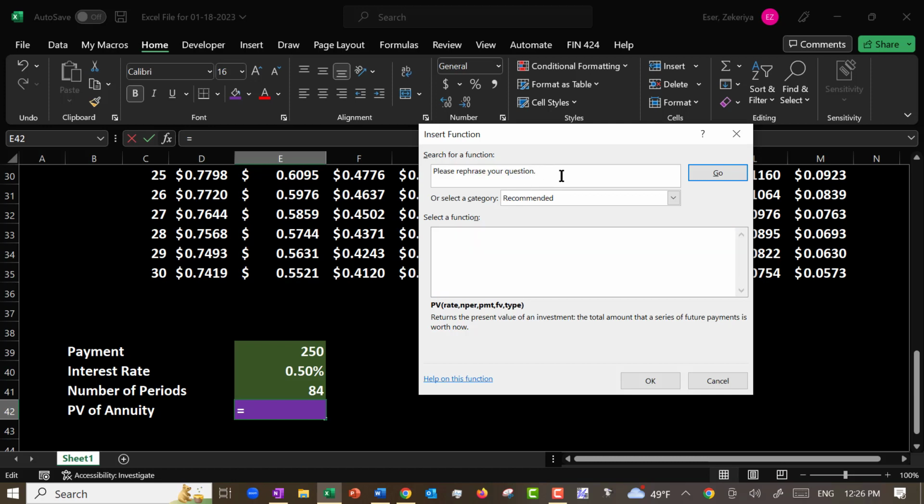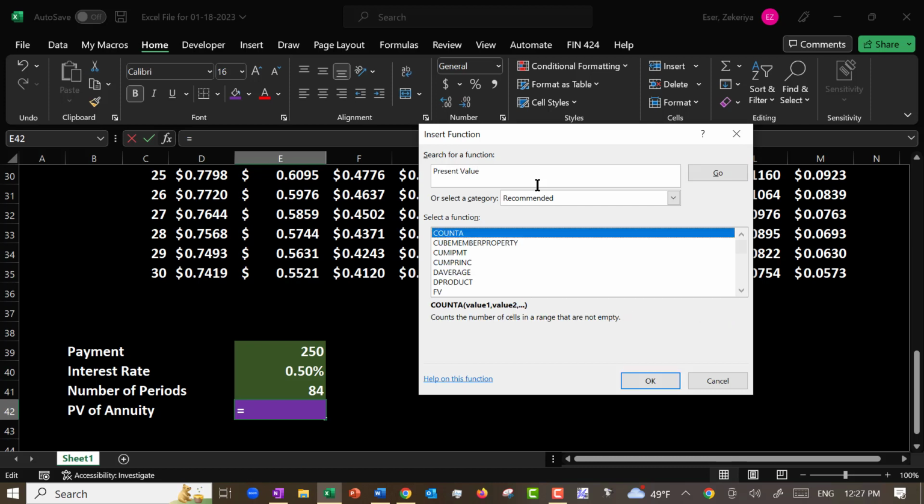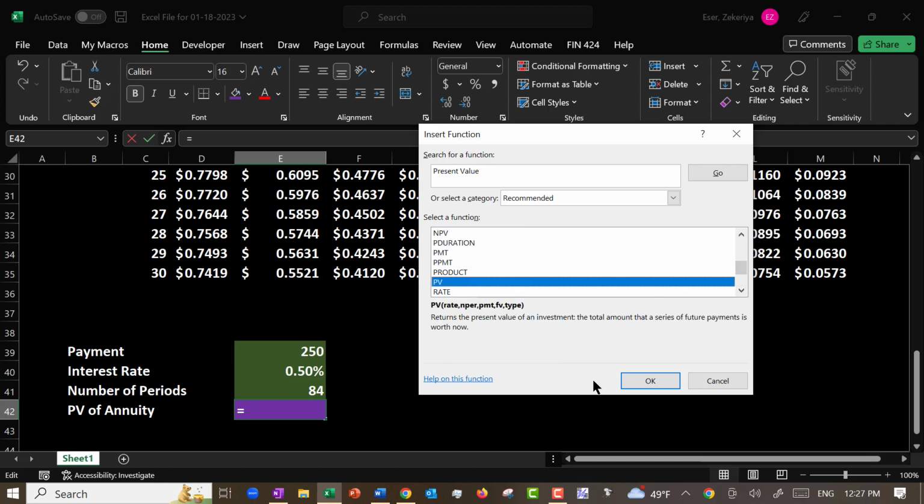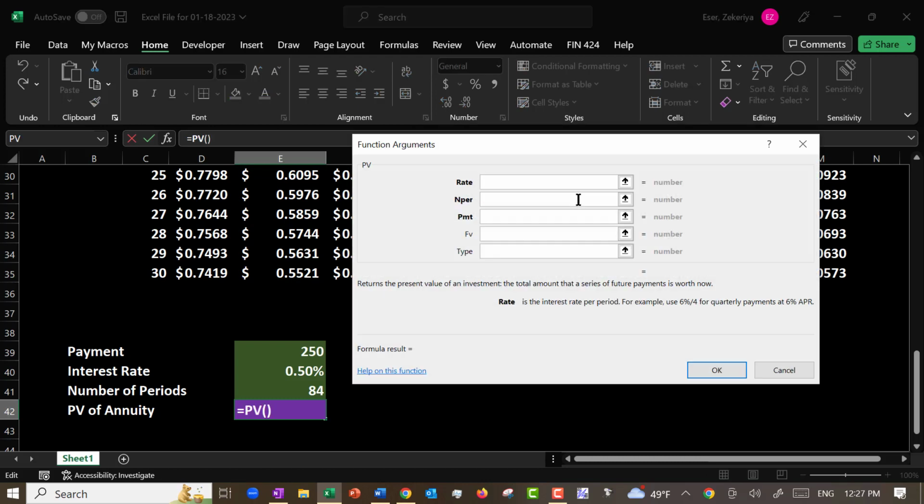Of course, this is not Google. Find the one you want. Once you click it, it tells you what it does. Hit OK. It kind of helps you with the arguments.